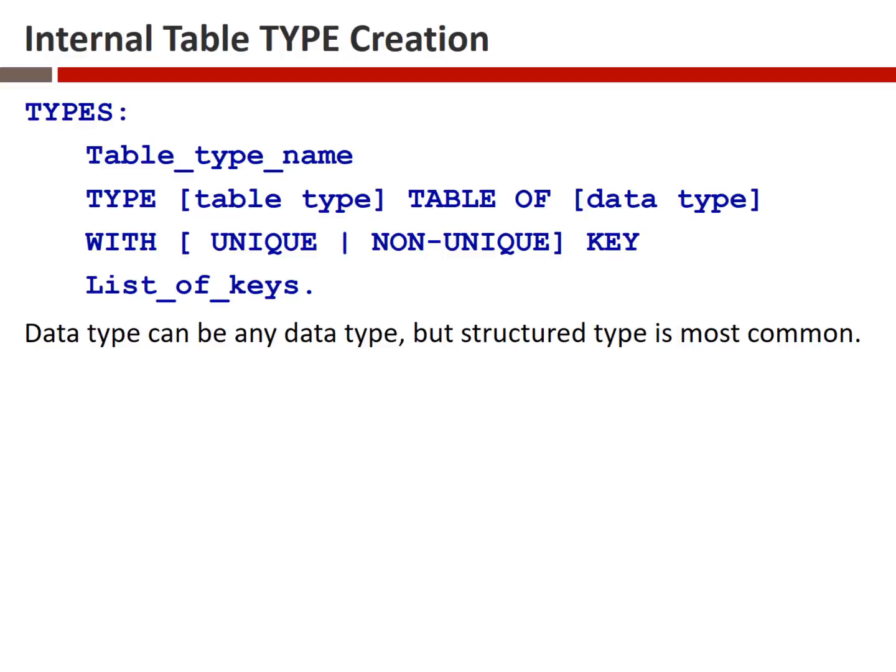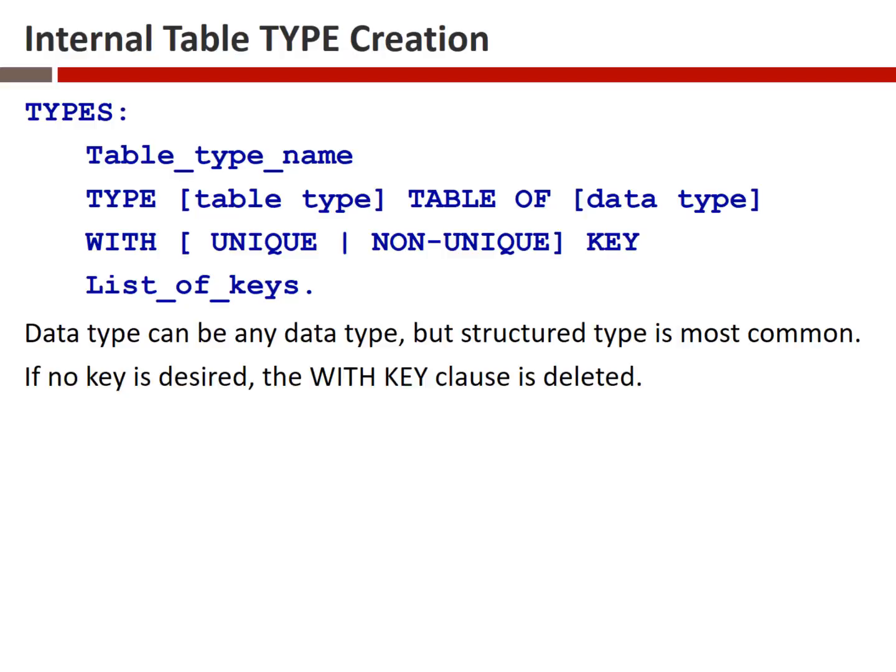And at that point now, I would have a table that would be capable of storing integers. Don't know that we'll ever actually use that. Don't know that it's commonly used at all. But as a point of fact, the data type here could be any number of different things. But the vast majority of times, it's going to be a reference to a structure type that we would have defined.